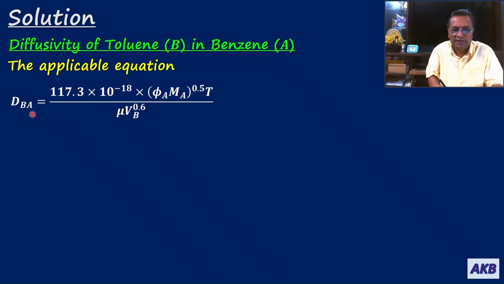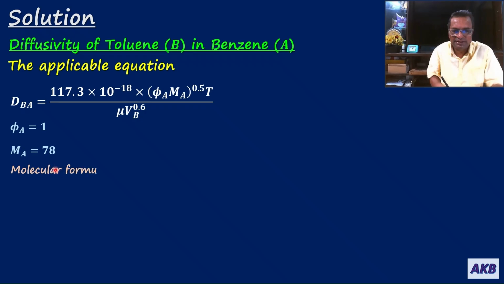And now A is the solvent, so it will be phi A into MA raised to 0.5 into T divided by mu into VB raised to 0.6. So in this case, phi A is 1 because in this case benzene is a non-associating solvent.